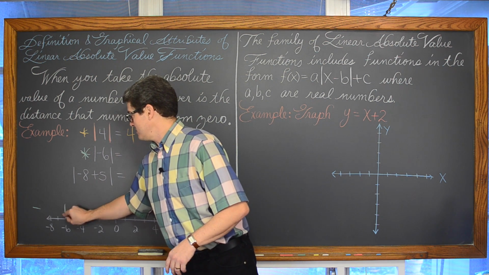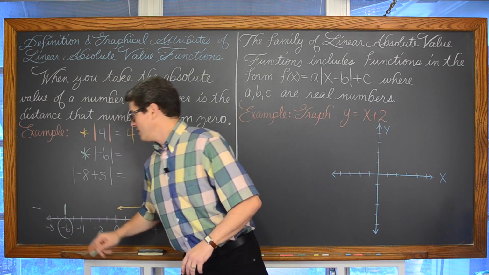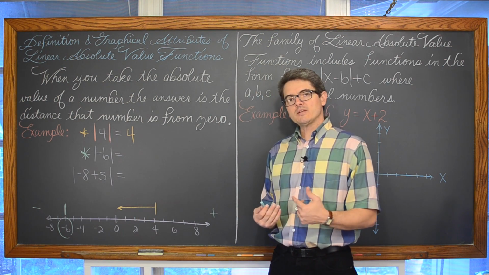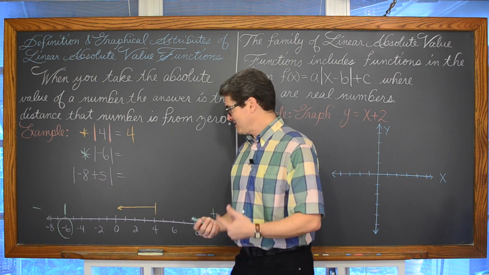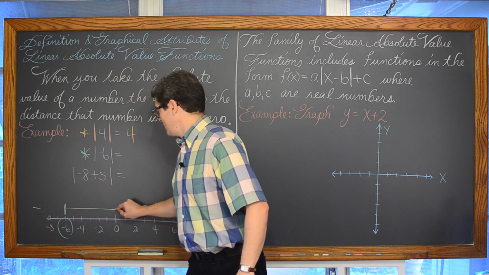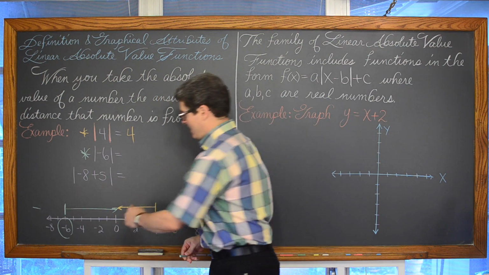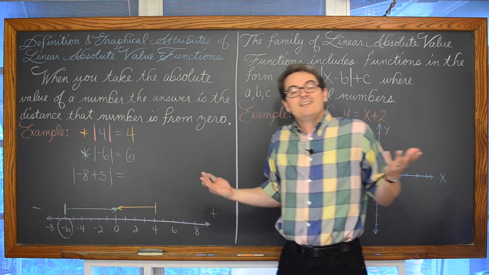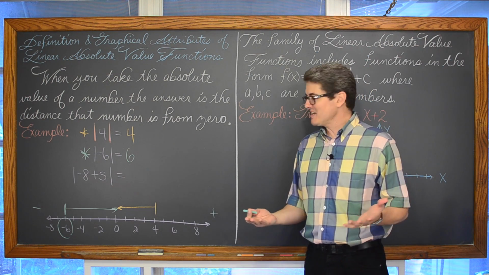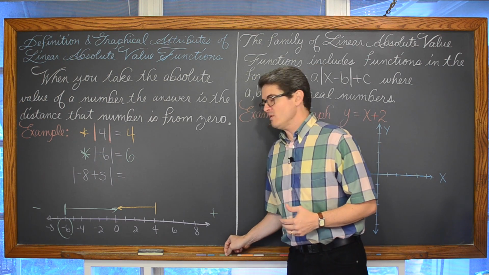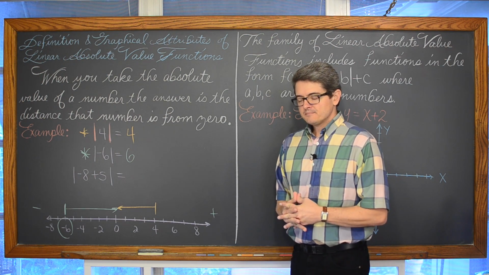How far is -6 away from 0? I just actually counted the distance off, didn't I? 1, 2, 3, 4, 5, 6 units away. So when I was counting how far -6 was from 0, I was actually taking the absolute value of -6. That's what we're getting, how far a number is away from 0 on a number line.